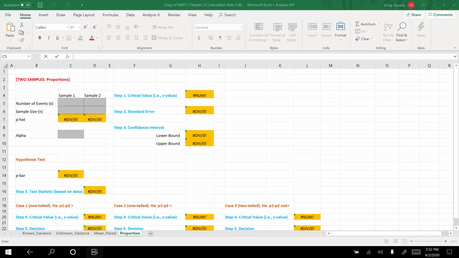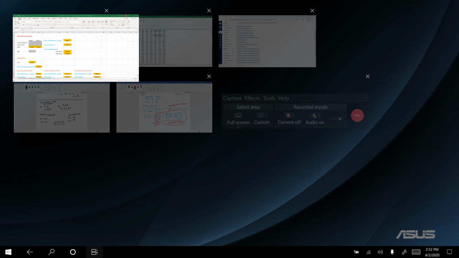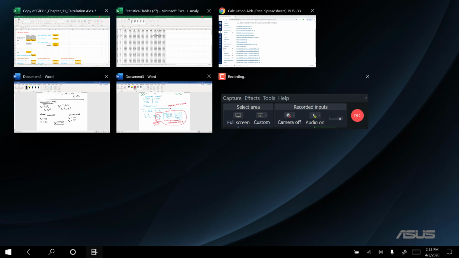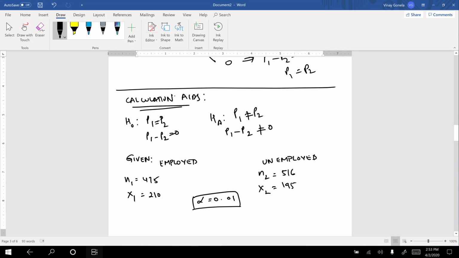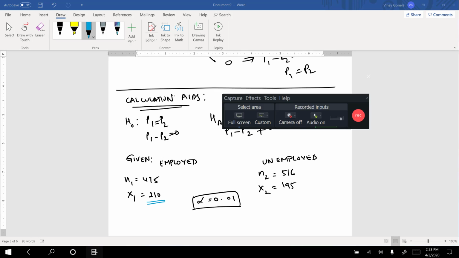So our sample 1. They are asking for x1, not the mean. x1 is 210. Let's see.